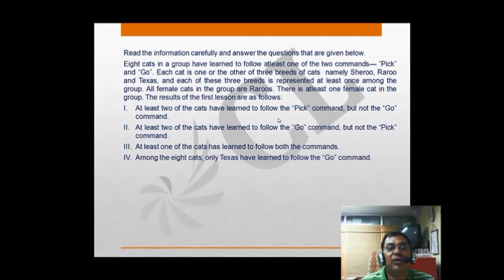All female cats are Arrows. There is at least one female cat in the group. The result of the first lesson is as follows: at least two of the cats have learned to follow, but not the go command. But how many out of?